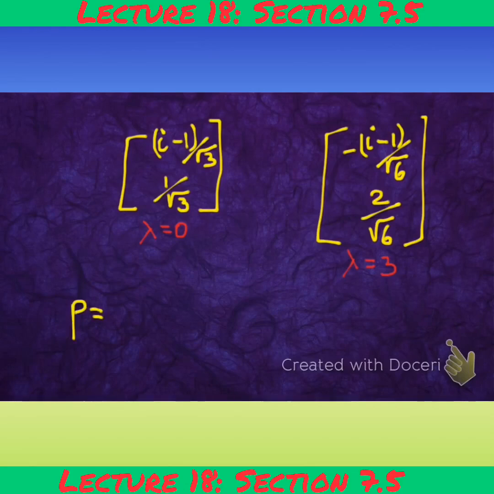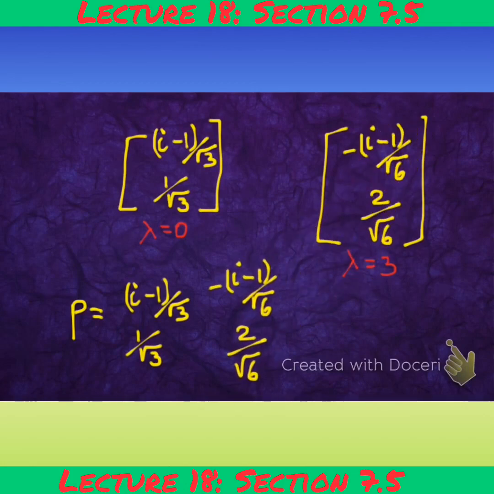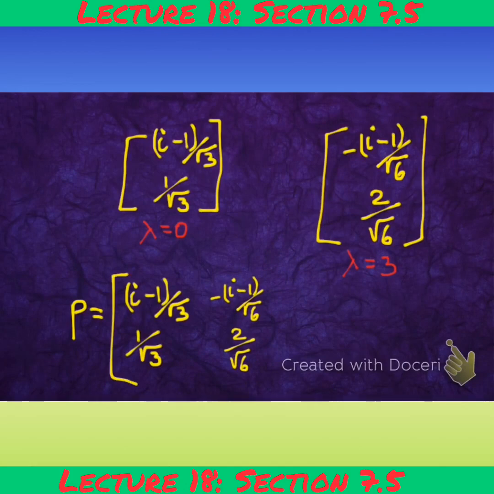And how do we form this matrix? We take our first column to correspond to the first eigenvalue, and the second column to correspond to the second eigenvalue, and that is going to be my matrix.